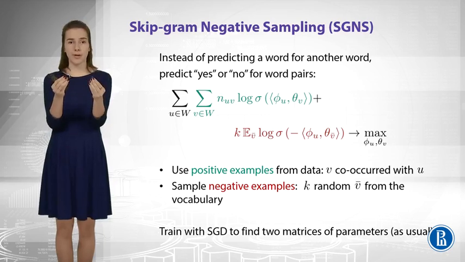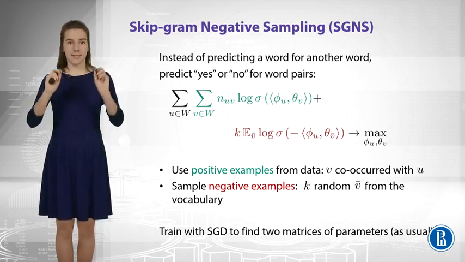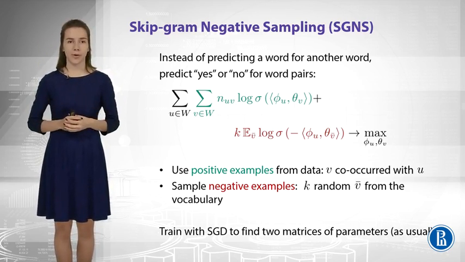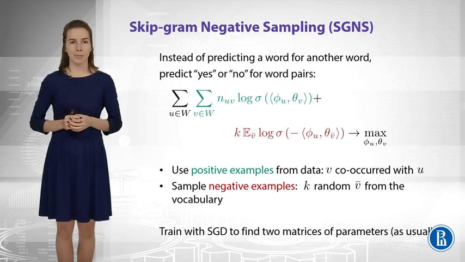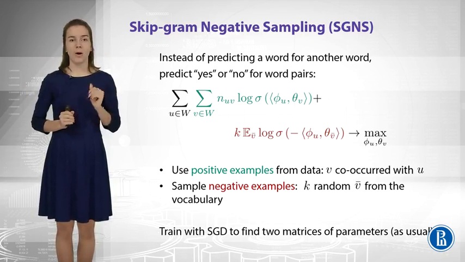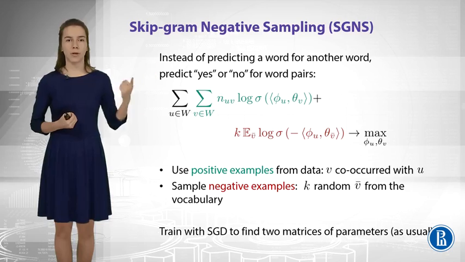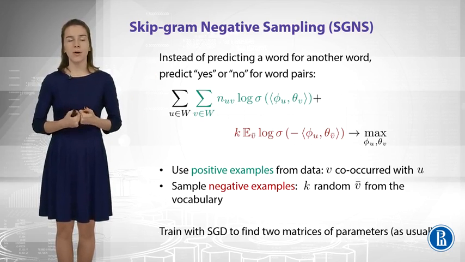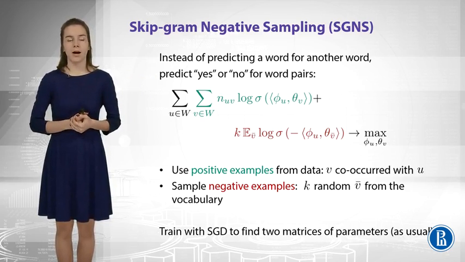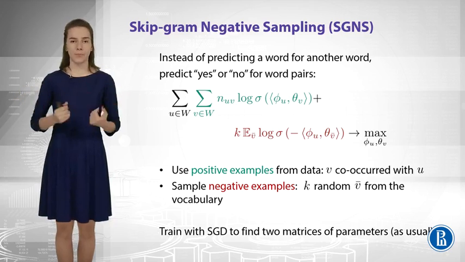And for these pairs of words that co-occur, we want to predict yes. And there are some other pairs of words that do not co-occur, and we just sample them randomly. And for them, we want to predict no. Now, how do we model these predictions? We model them with sigmoid function. So you see that now sigmoid function is applied to inner products. It will give us probabilities whether yes or no.